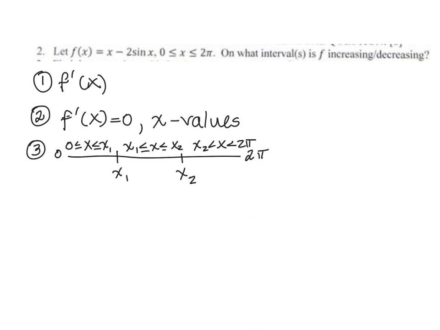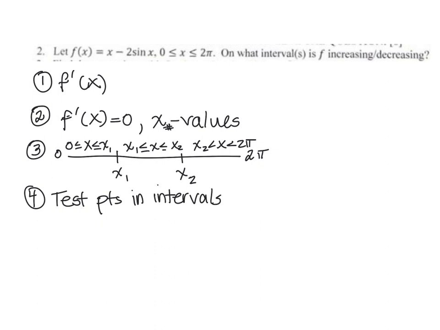They shouldn't have equal signs, since we know that if it's equal to x sub 1 or x sub 2, then our slope is equal to 0, because those are our x values that we found up here. So we're going to test points in the subintervals that we found.